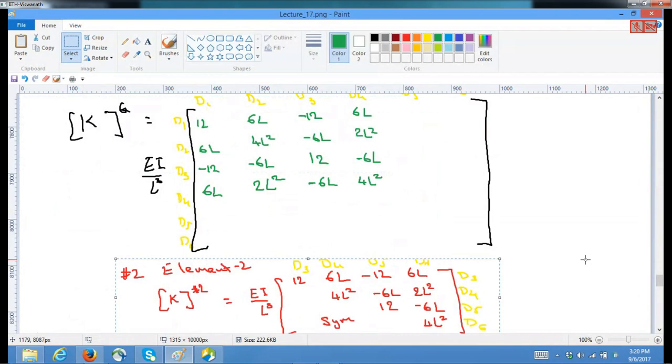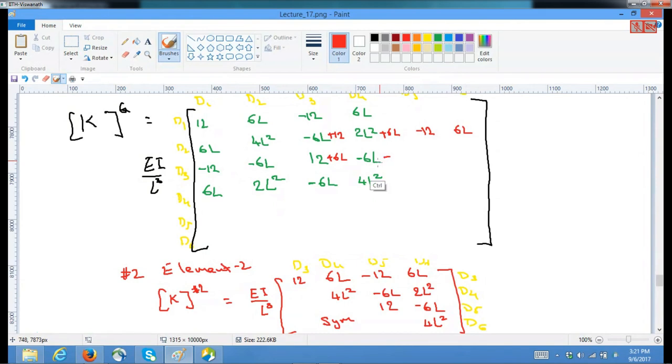So I know that the contribution coming from the element 2 is D3, D3 is 12, plus 12, plus 6L, minus 12, plus 6L, D3, D4.